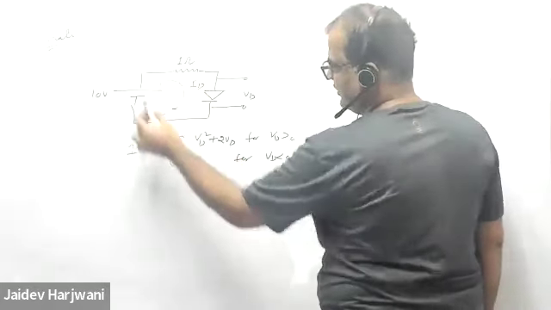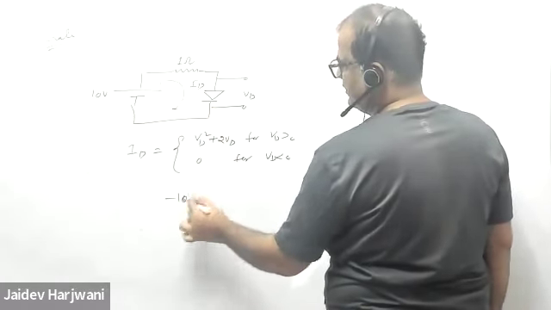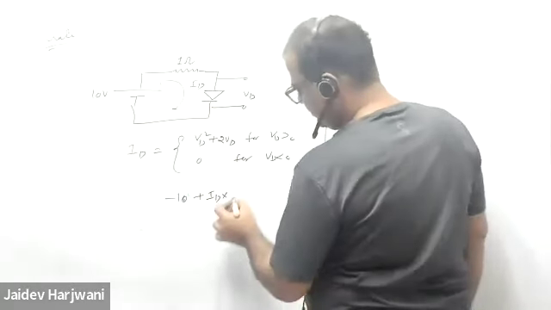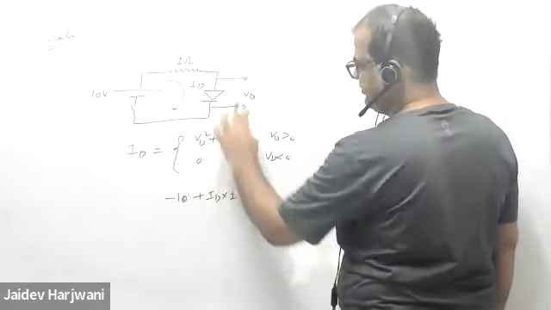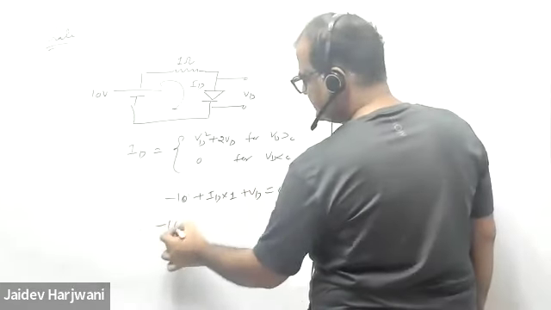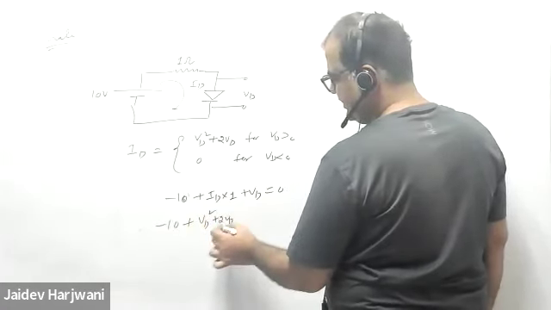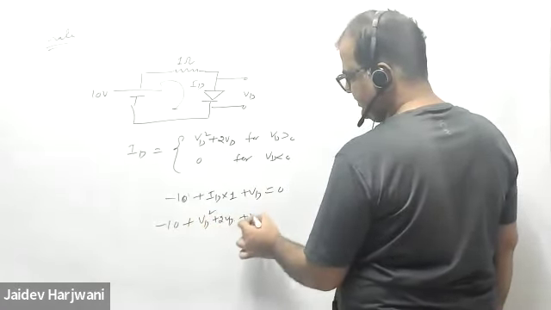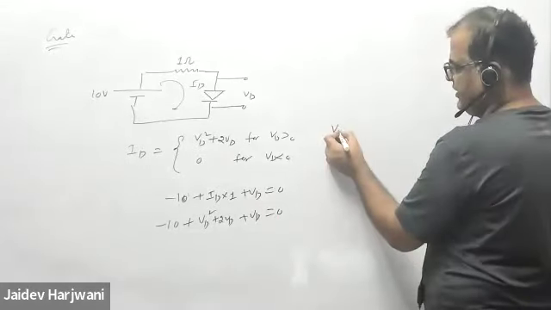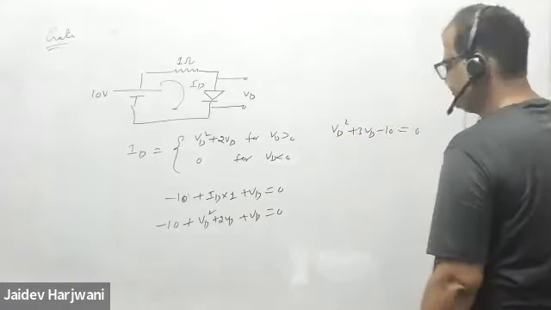Now again, minus 10 plus ID into 1 ohm plus VD equals 0. Put the value of ID: minus 10 plus VD square plus 2VD plus VD equals 0. This gives VD square plus 3VD minus 10 equals 0.